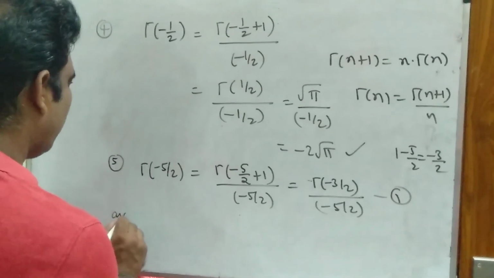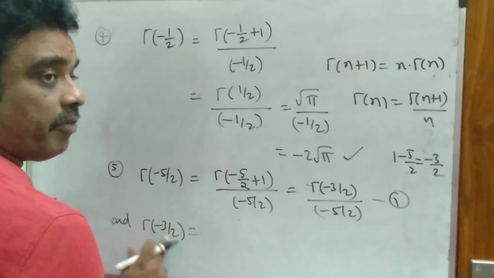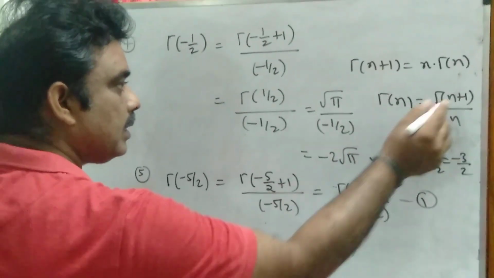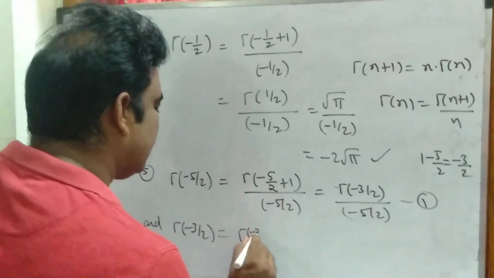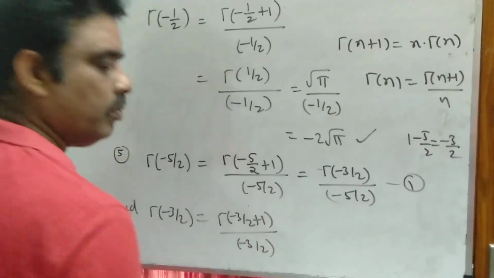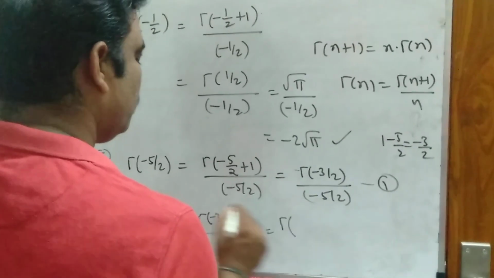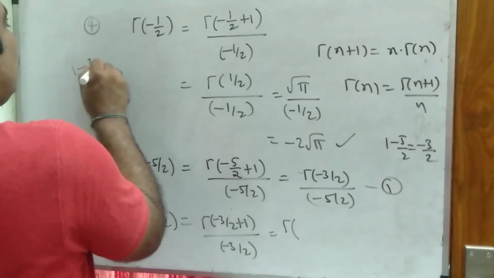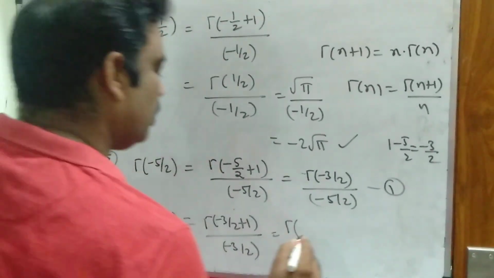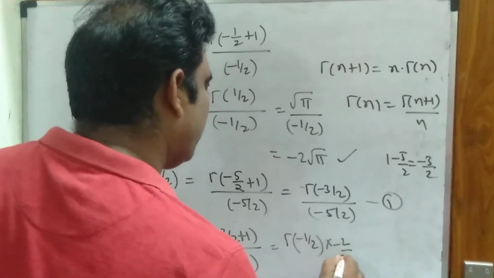And what is gamma of minus 3 by 2? Again using the formula, gamma of n is gamma of minus 3 by 2 plus 1 divided by minus 3 by 2. What is 1 minus 3 by 2? Minus 1 by 2. So that is gamma of minus half into minus 2 by 3.